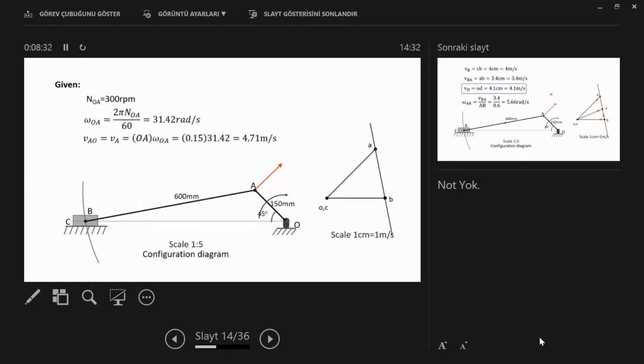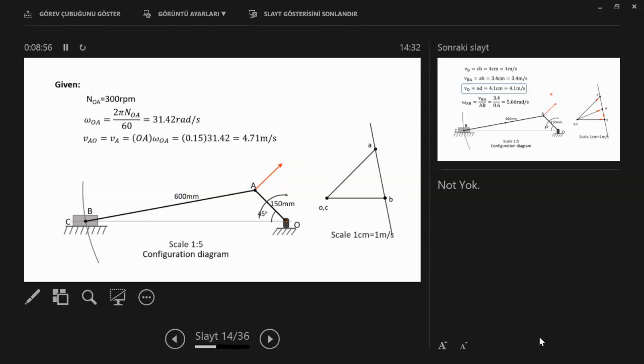So therefore, I mark the point here, and I draw VA. I know the magnitude, I know the direction. And from the end of VA, I draw a line perpendicular to AB, because it's the relative motion.